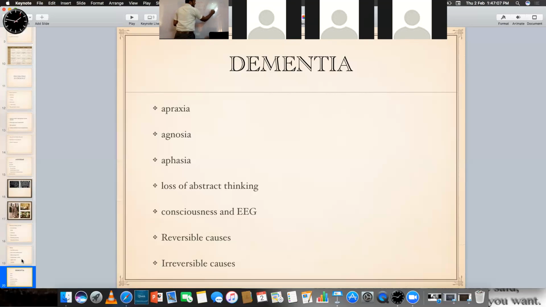Frontal cortex is the defect. Wernicke's, temporal cortex. To be precise, it is the superior medial temporal lobe where Wernicke's area is, and if that is defective, the sensory things are not coming in.